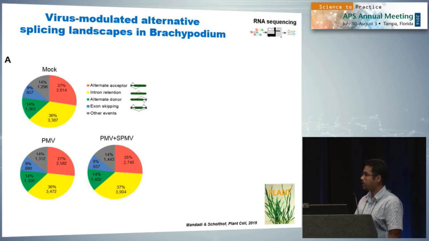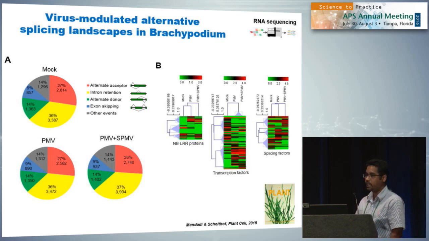If you look at the different splicing events that are misspliced in PMV and SPMV compared to healthy plants, and annotate those genes based on putative functions, we see quite a few important plant defense genes that are misspliced. I'm showing you three classes. NB-LRR proteins, the classic N gene being an NB-LRR protein, and most of those R genes seem to be, some of them are misspliced during infection.